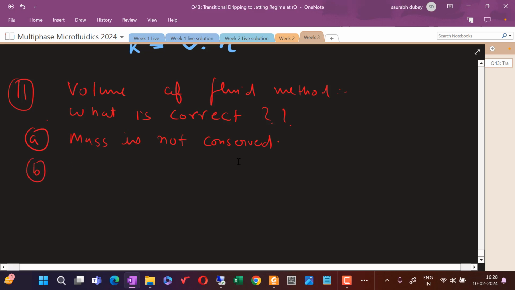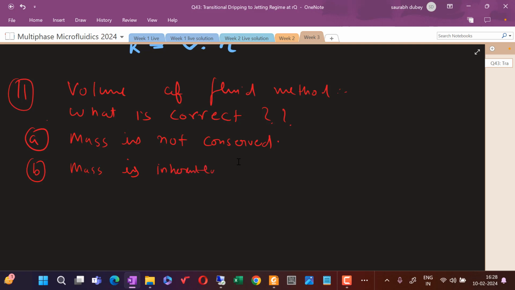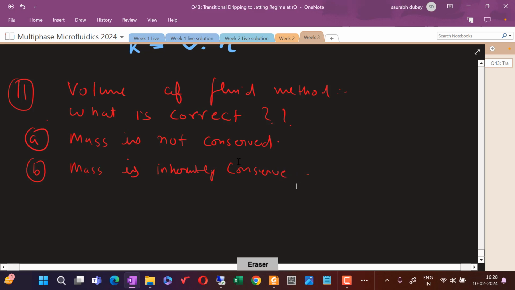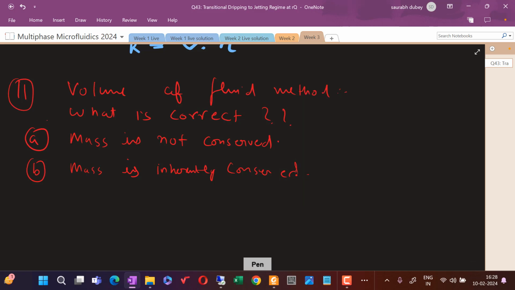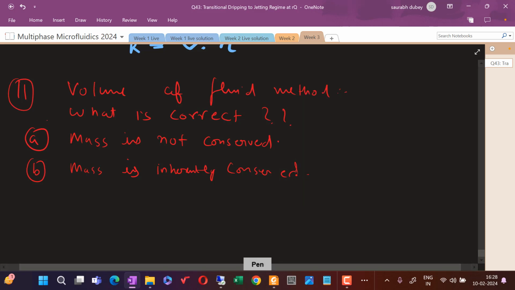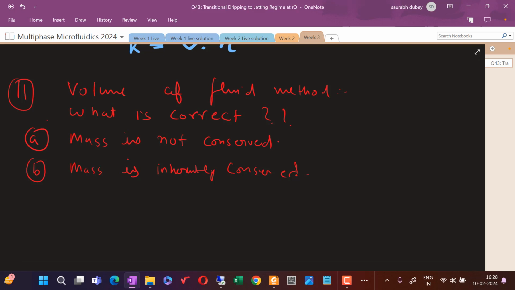Option B is mass is inherently conserved. Okay, that is there. Mass is inherently conserved.